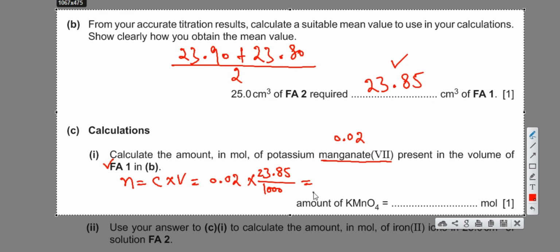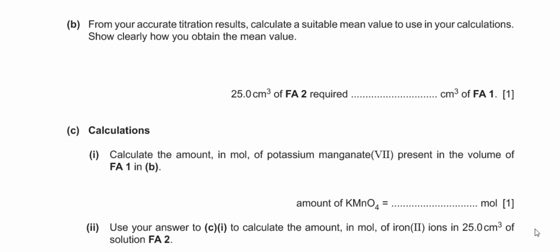Let me calculate: 0.02 times 23.85 divided by 1000, and the final answer we are getting is 4.77 times 10 to the power minus 4. Okay, these are the results. Now please keep this value in your mind as I'm going to use this. So 4.77 times 10 to the power minus 4.